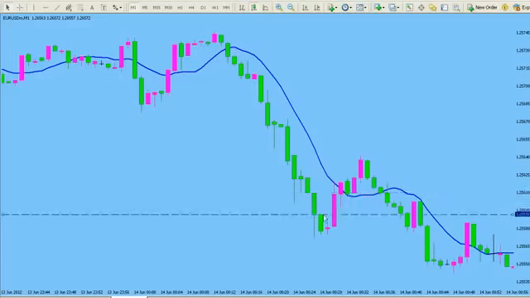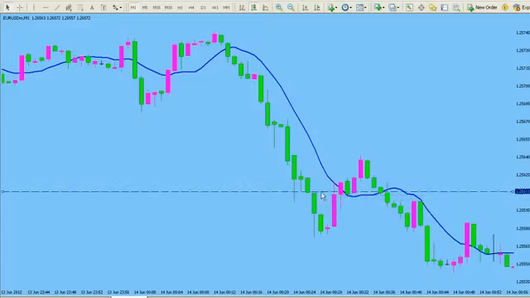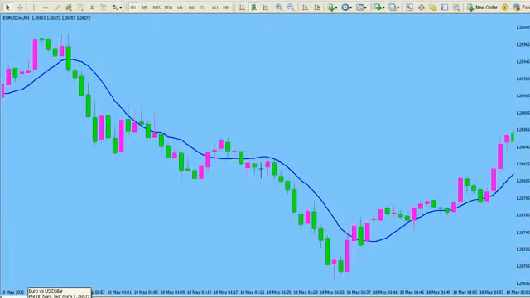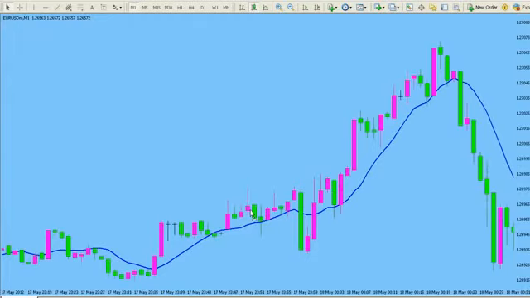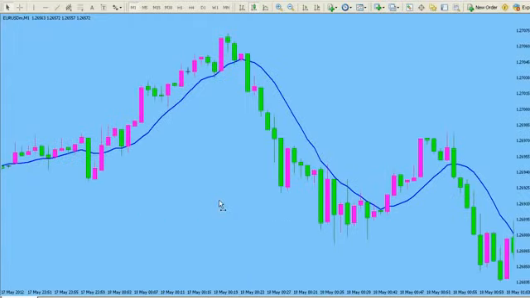Or if you chose not to get out right here and you got out here instead, then you can see that this break and close is just an extra confirmation that you no longer have the advantage. Let's take a look at, I think this one is that chart, and this may illustrate it a little bit better. It's moving stop loss.